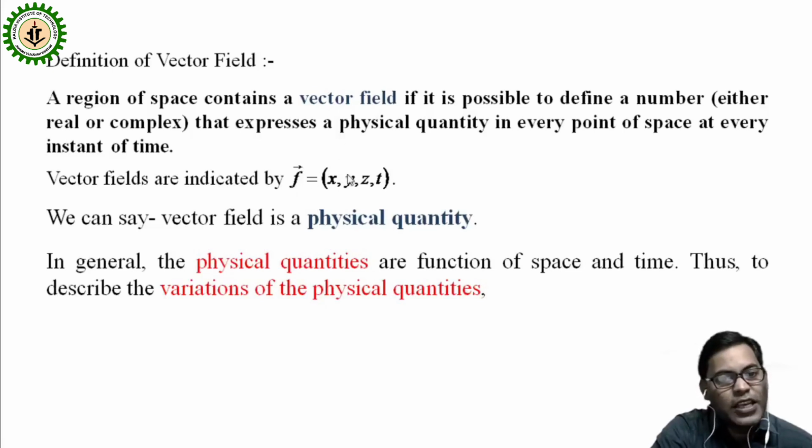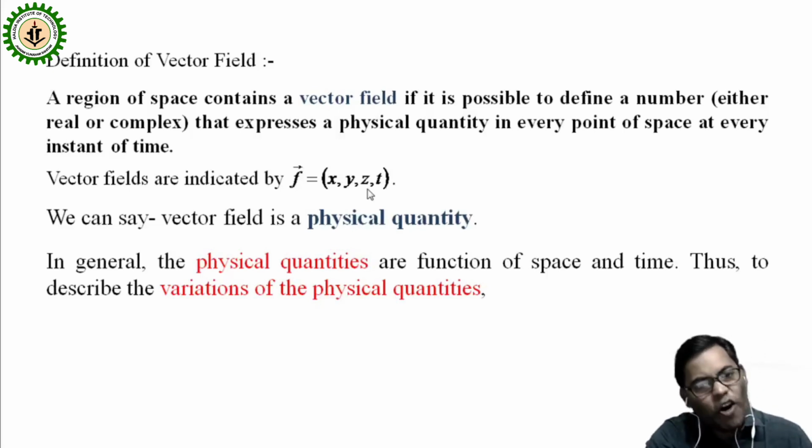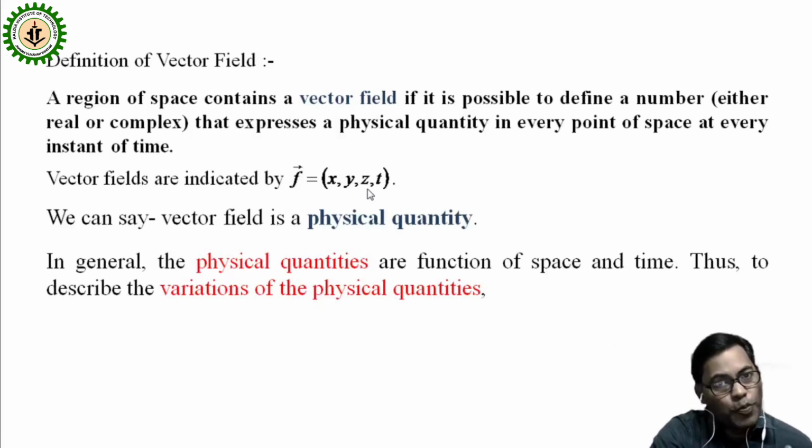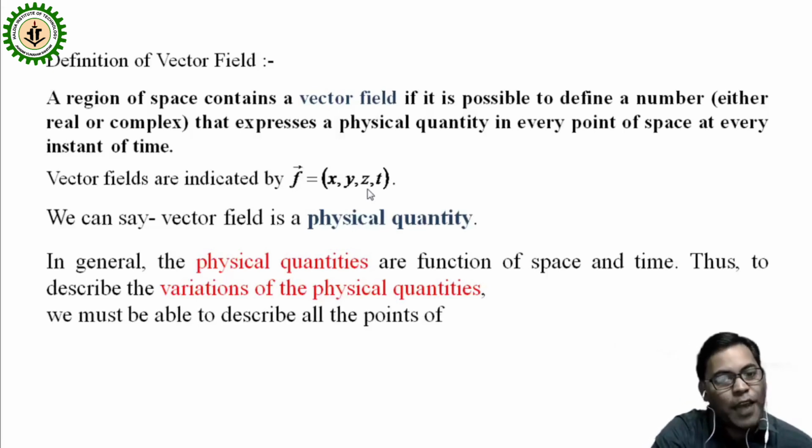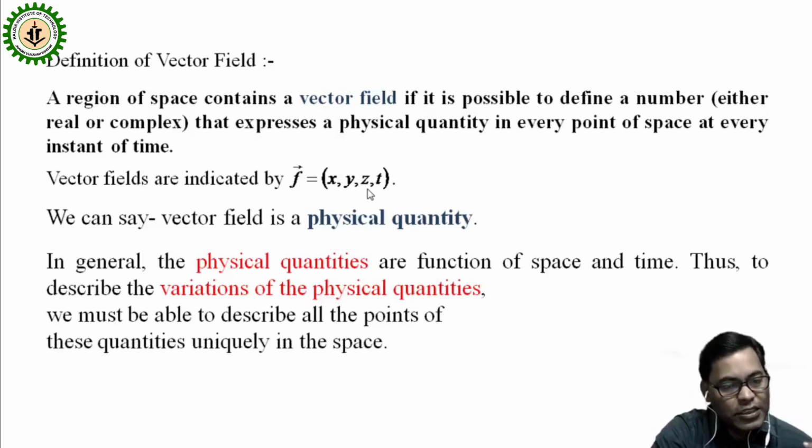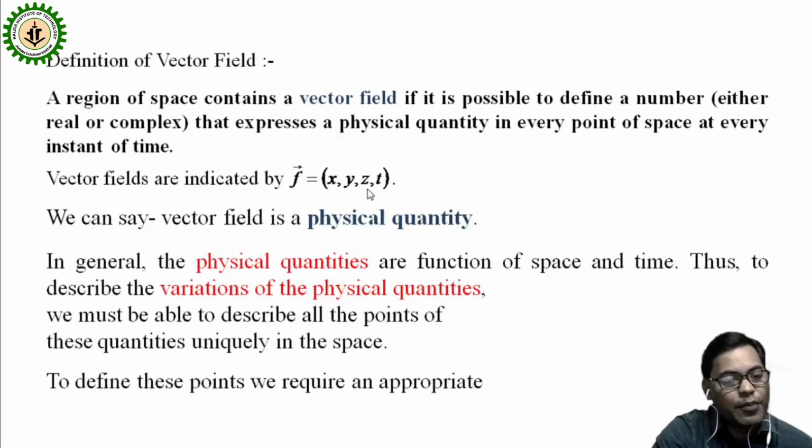Here from this equation we can understand it is a function of position and time, space and time. Therefore, to describe the variation of these physical quantities, we must be able to describe all the points of these quantities uniquely in space, and for that we need a coordinate system. That is written here. To define these points, we require an appropriate coordinate system.